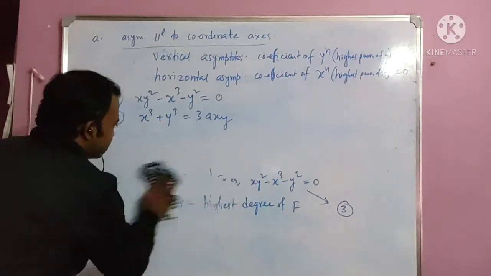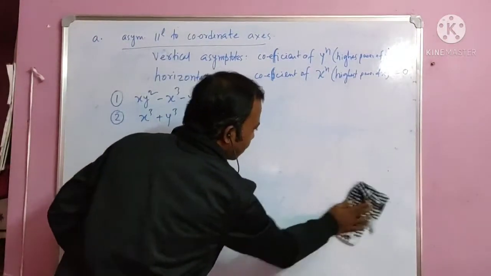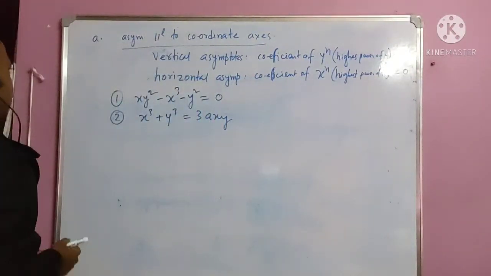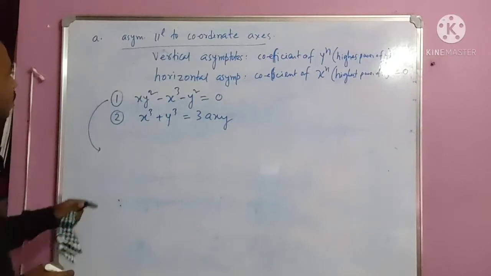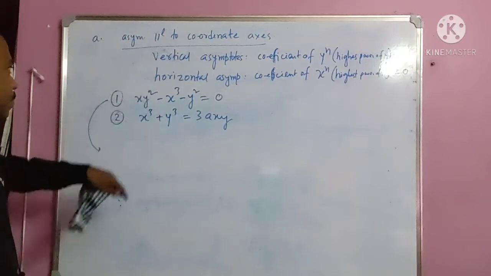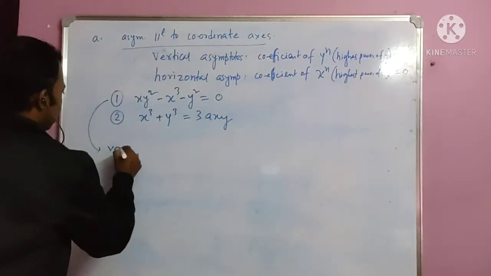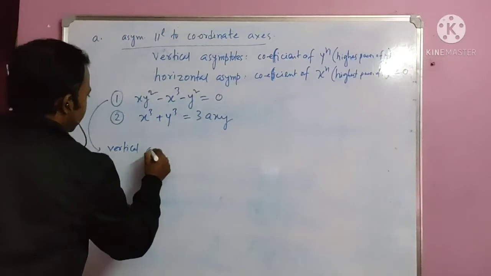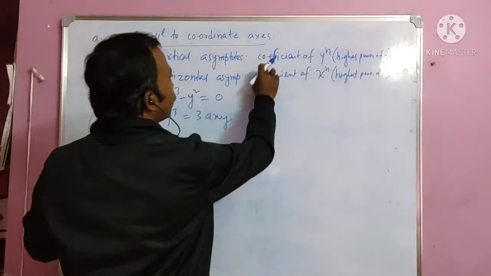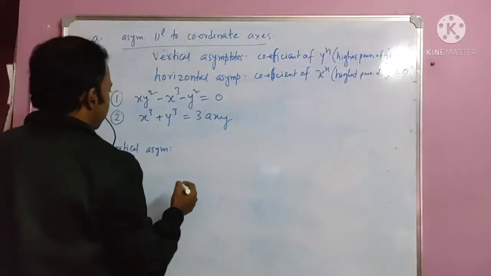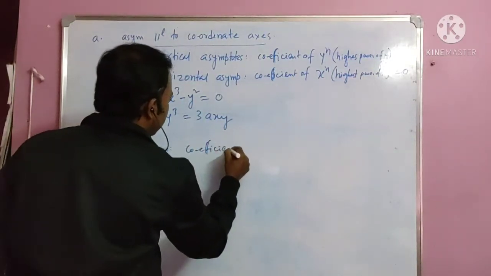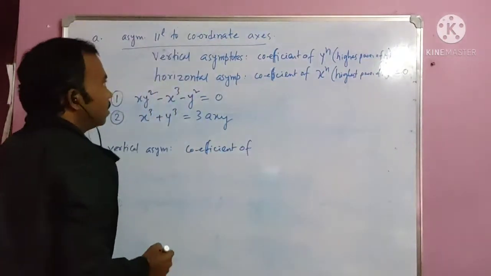First, let me clean this portion. Okay, now for the first one, we want to find out vertical asymptotes and horizontal asymptotes. For vertical asymptotes, how will we find? The formula is coefficient of y to the power n equals 0. So coefficient of y to the power n, highest power of y.